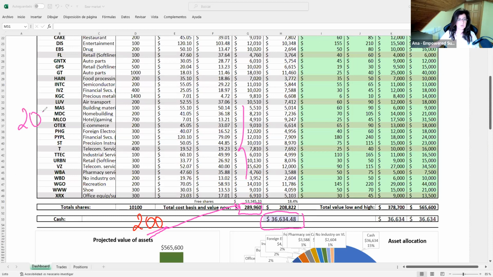So we invested 200, we still have 36. The difference between one and the other is 163. So with $163,000, obviously, rounding it up, we bought 290.